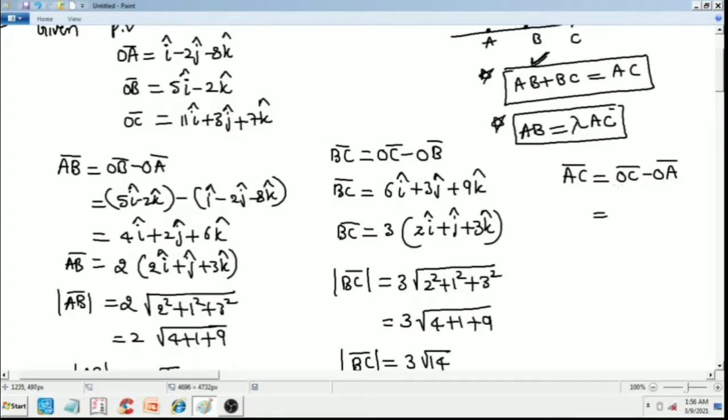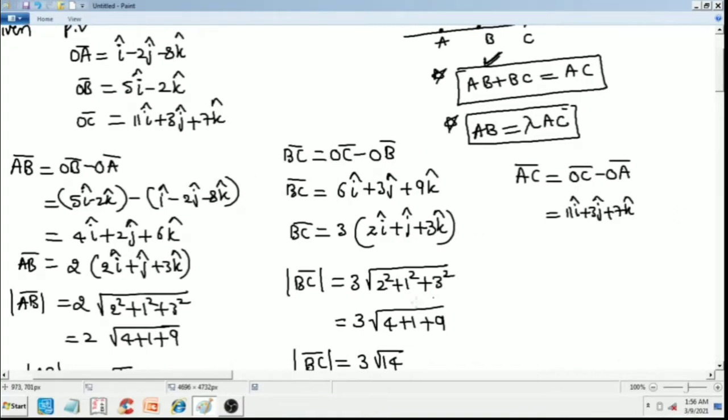OC is 11i plus 3j plus 7k, minus OA, which is i minus 2j minus 8k. 11 minus 1 is 10i. 3 plus 2 is 5j bar. 7 plus 8 is plus 15k bar.